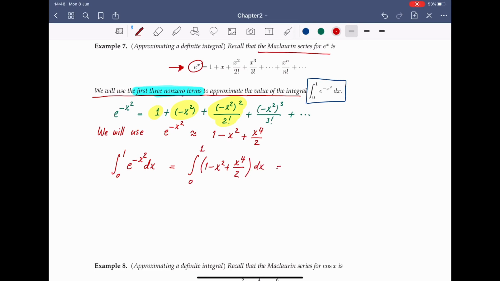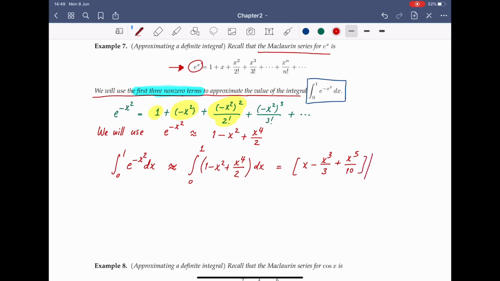And then you can just integrate easily now. Keep in mind that this is not the exact value, so this is an approximation, right? After that you can just integrate. So I integrate 1, I get x, integrate x squared, I get x cubed over 3, integrate x to the 4th power, I get x to the 5th power, and the denominator here is going to be 10.